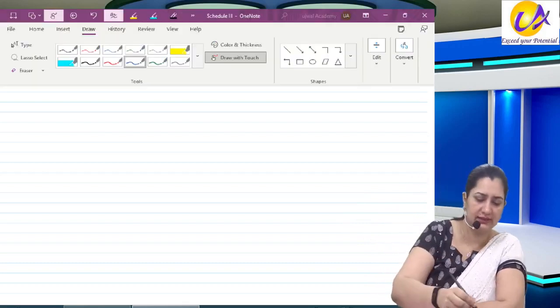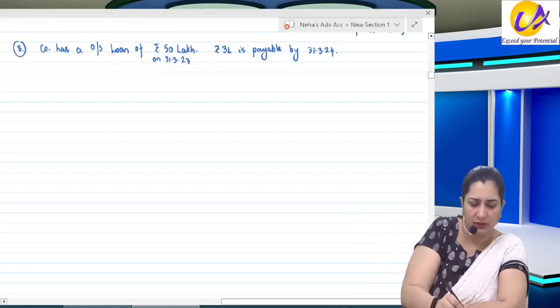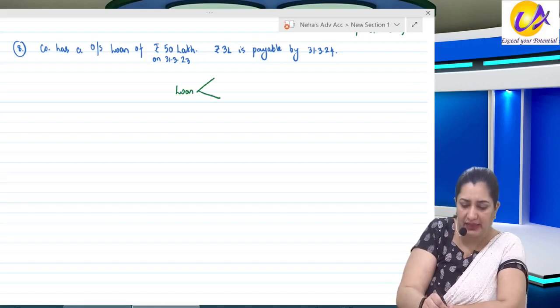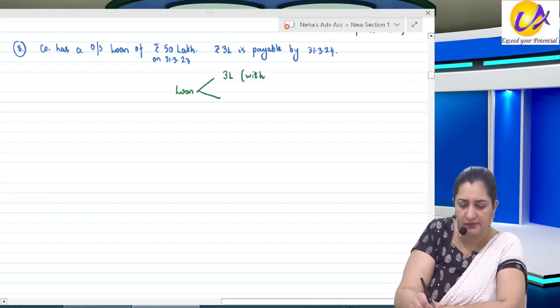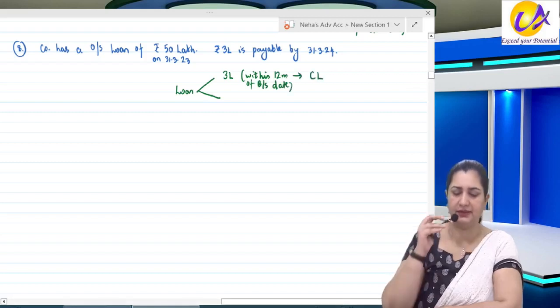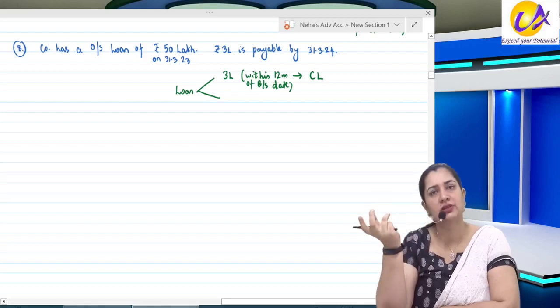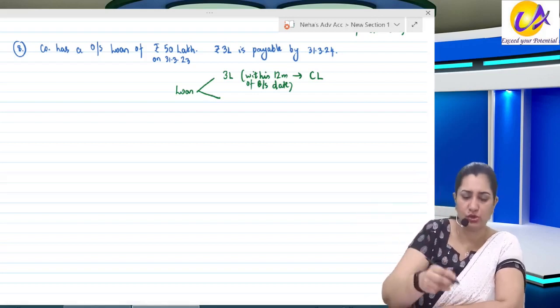The loan will be divided in two parts. The 3 lakh, which is payable within 12 months of the balance sheet date, you will show as a current liability. Where will you show it?